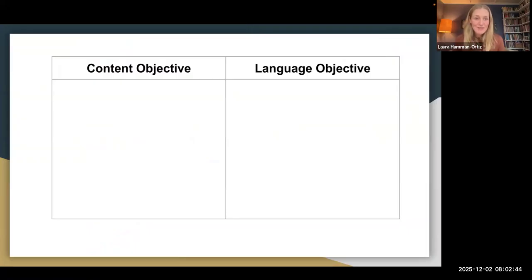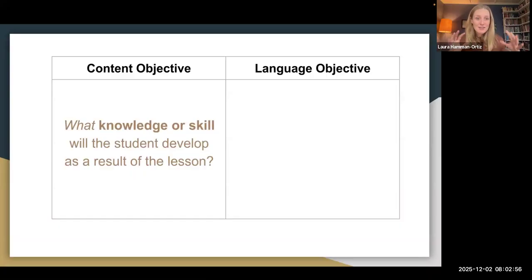And I want to begin just by talking about the difference that I see between a content objective and a language objective. If you don't already plan for language objectives in your teaching, I encourage you to start doing so because they do have different purposes. A content objective I describe as kind of what knowledge or skill students are developing as a result of the lesson, right? So we're really focusing on what the content is, what the knowledge or skill is that they are learning.